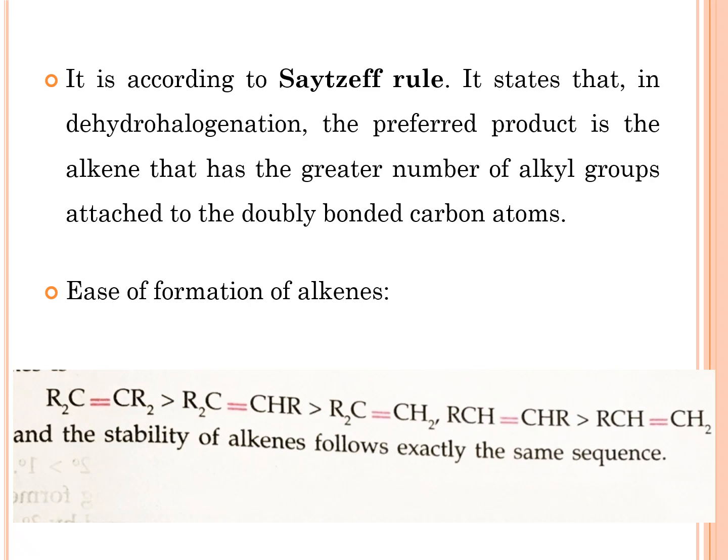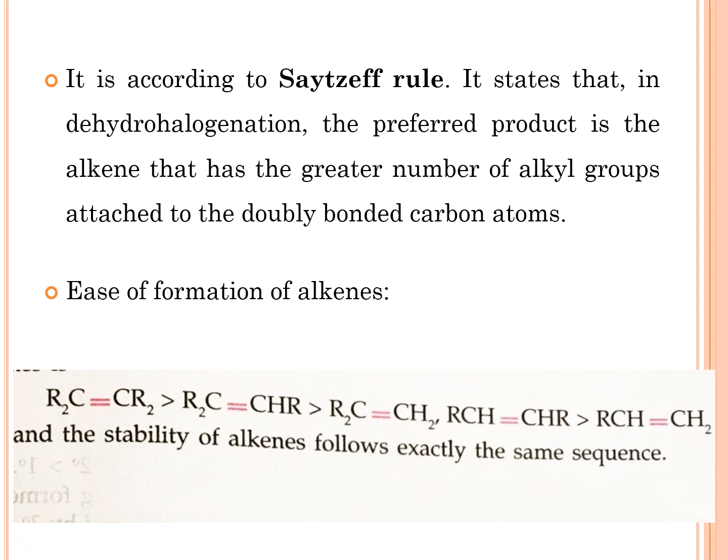So we can conclude this concept through these steps, that is R2C double bond CR2. R2 means there are two alkyl groups, and CR2 two alkyl groups. The next one is R2C double bond CHR, greater than that. CHR means one hydrogen and one alkyl group.